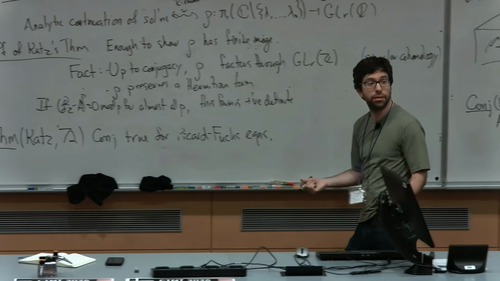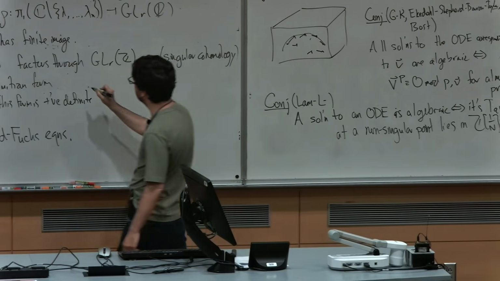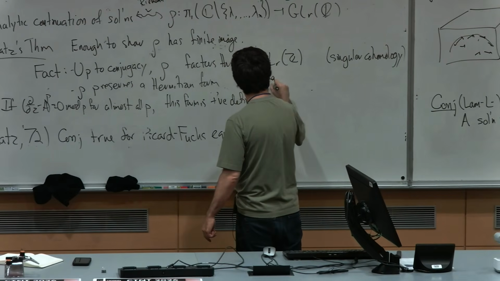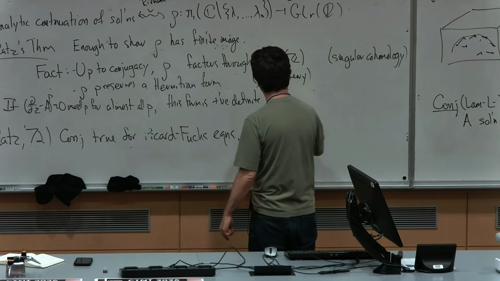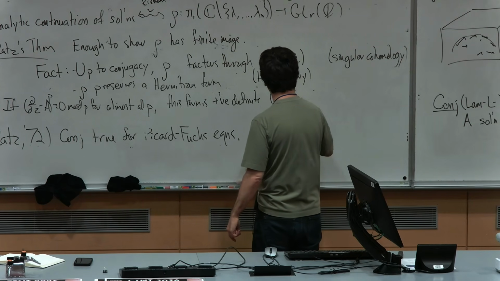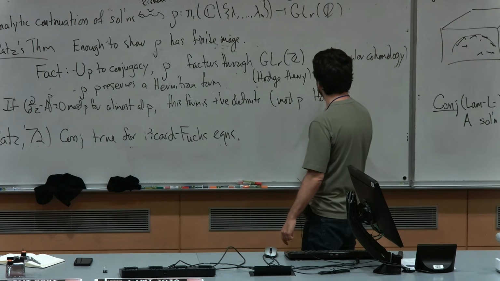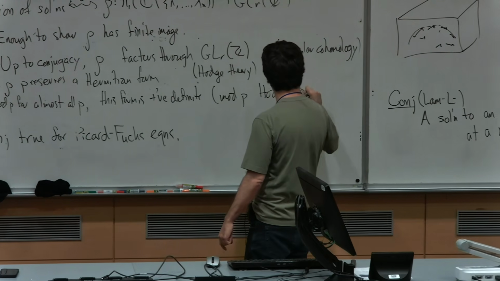So it's a unitary Hermitian form. This comes from Hodge theory, from what I would call the beginnings of p-adic Hodge theory, some kind of mod p Hodge theory.